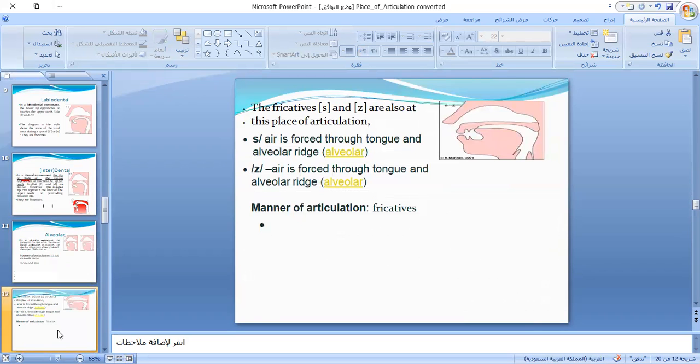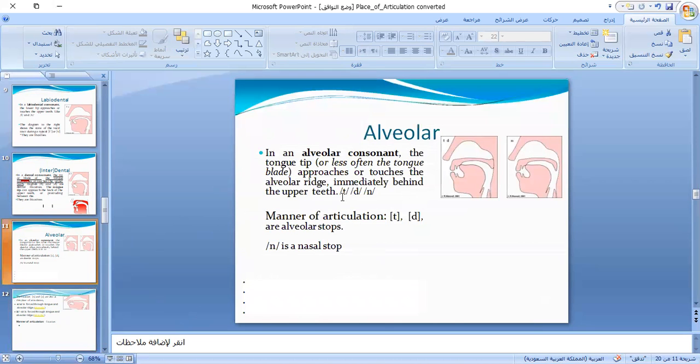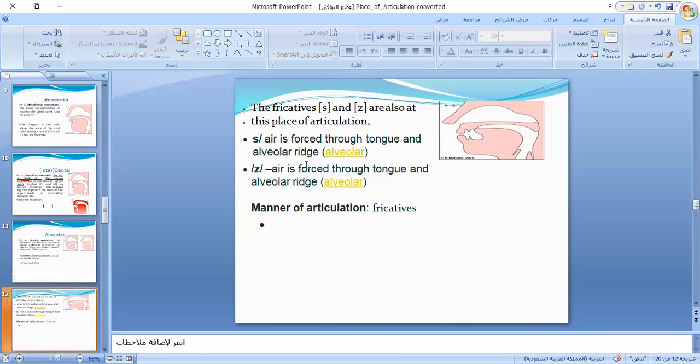Now, the fricatives S and Z are also at the same place, which means they are alveolar. For S, air is forced through between the tongue and the alveolar ridge. So how many sounds do we have here as alveolar? We go back. You have T, D, N, and again we have S and Z as alveolars. Again, try.